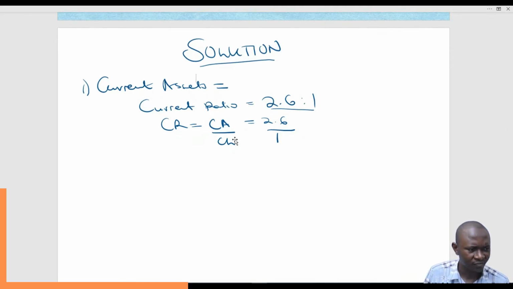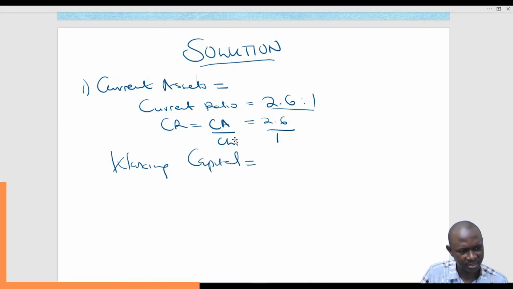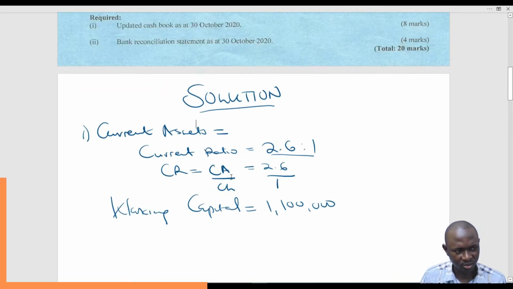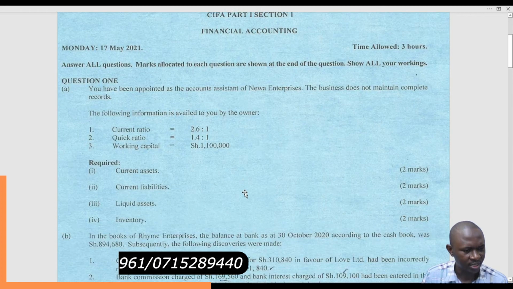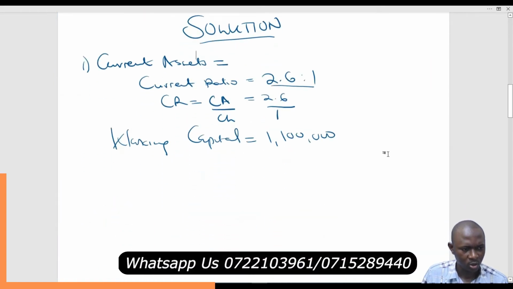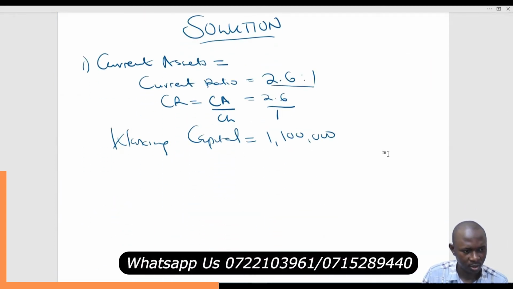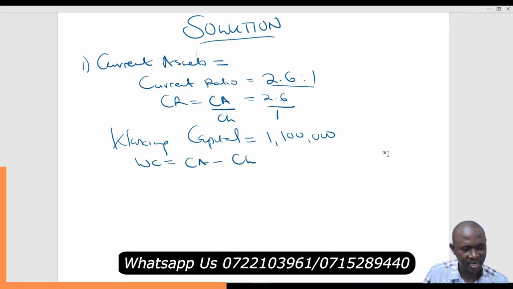We have also been given the working capital. This will help us a great deal in finding out the current assets. Let me just confirm to be sure. Yes, working capital is 1.1. And working capital is equal to current assets minus current liabilities.